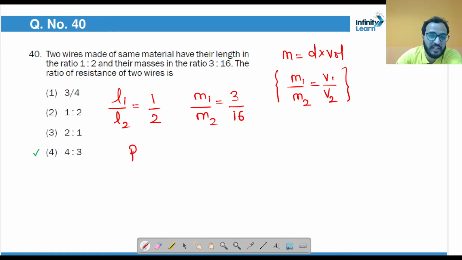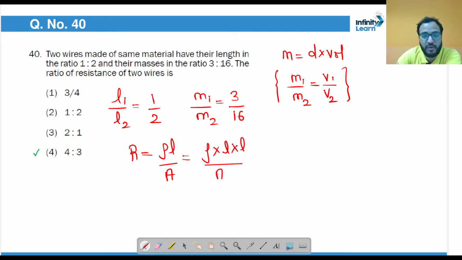Right. So we will say resistance is rho L by A, or we can also say it is rho L into L upon A into L. So it is rho upon V into L square. Right.